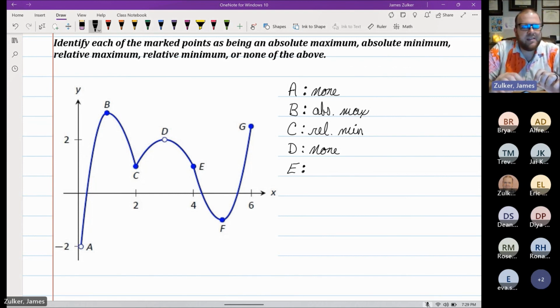Look at the point E. It is none of them.